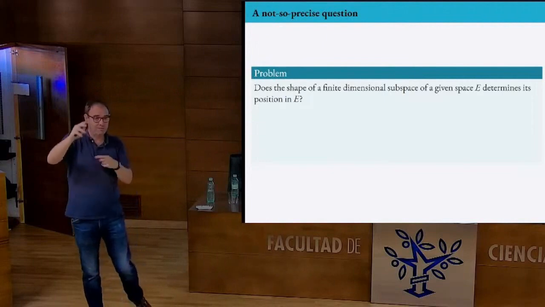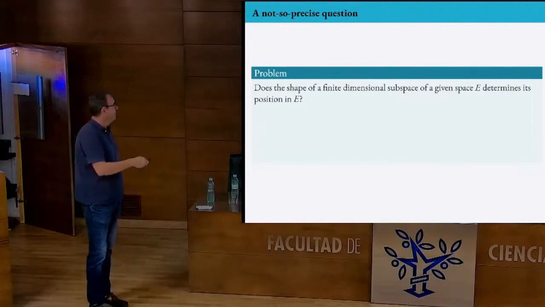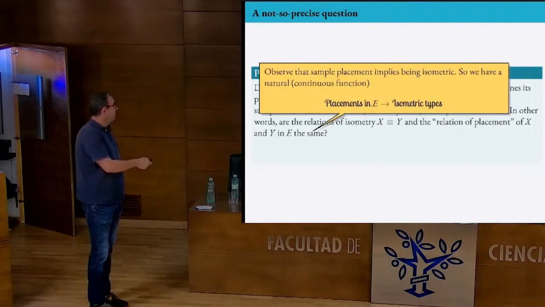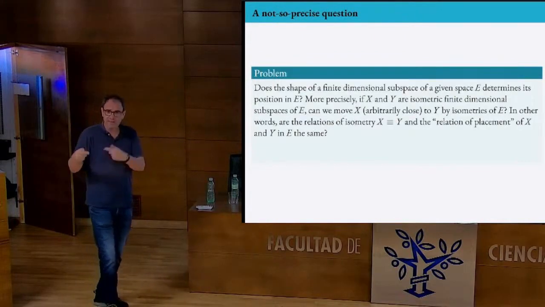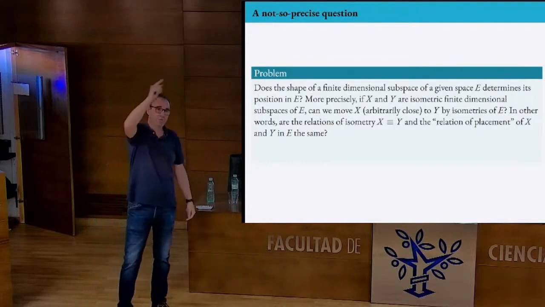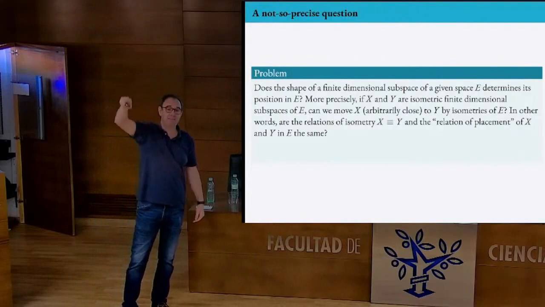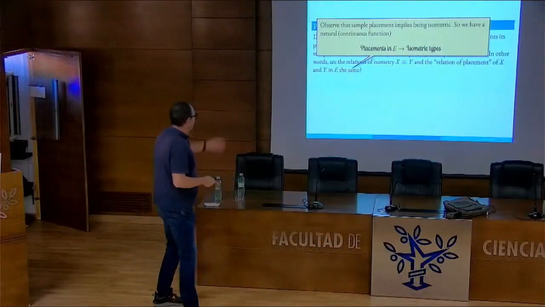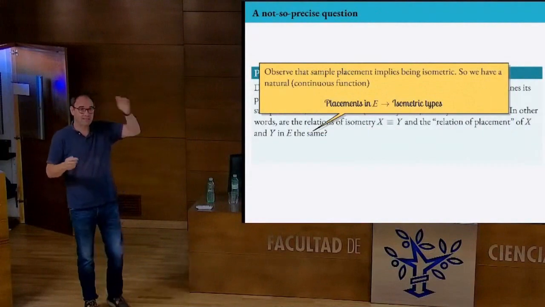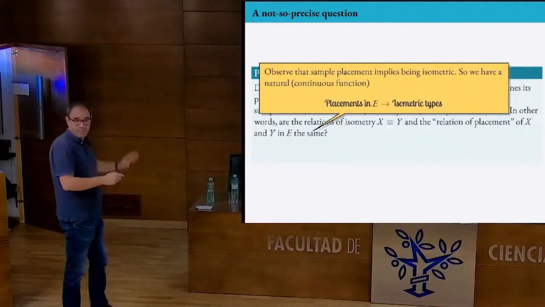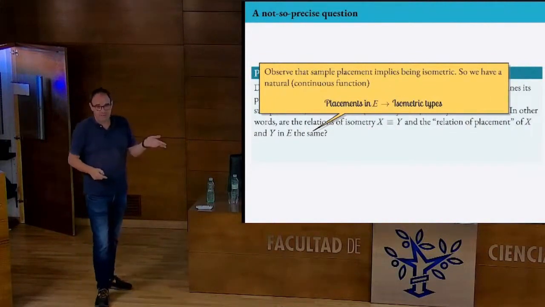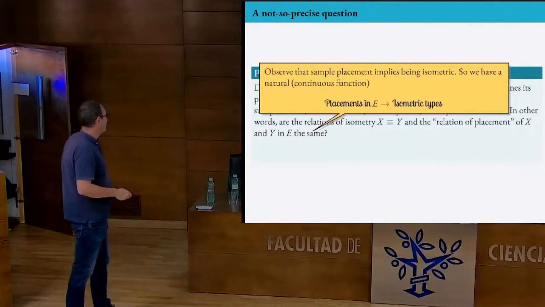You see what I'm trying to say? So is there a relationship between how they look and where they are in the space E? There is this placement inside E, and then there is this isometric type. Sometimes they are equivalent, sometimes they are not equivalent. And this is what I'm going to discuss here.